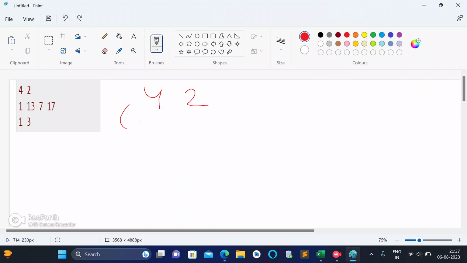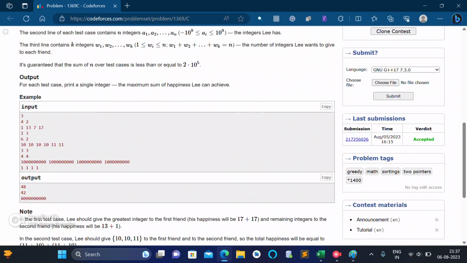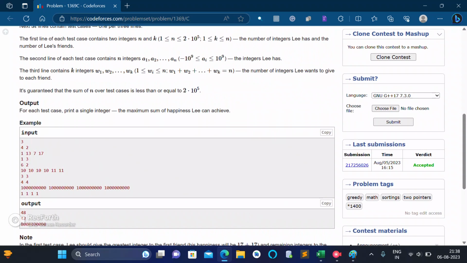The integers are in the range minus 10 raised to power 9 to plus 10 raised to power 9, which means the integers can be negative, and the sum of all the w would be equal to n.